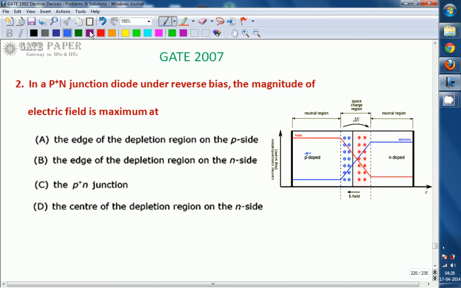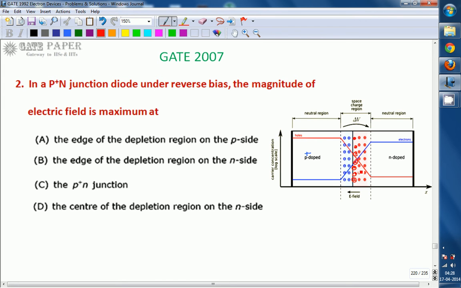So the depletion layer width penetrates more into the lightly doped side, so I can add some more ions over here. Some more positive ions will be created over here. That implies the width of the depletion region on N side is large.